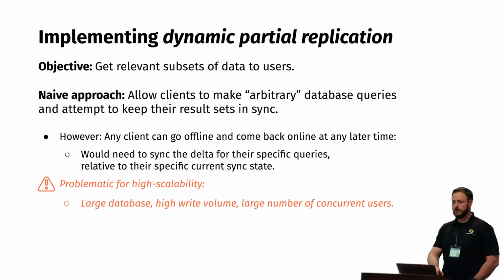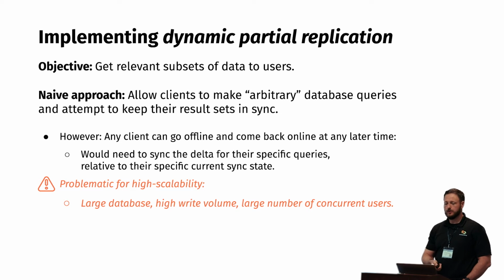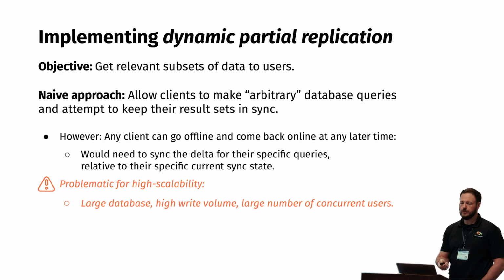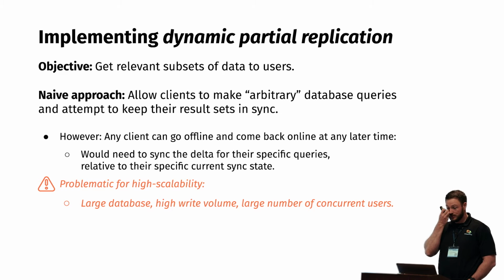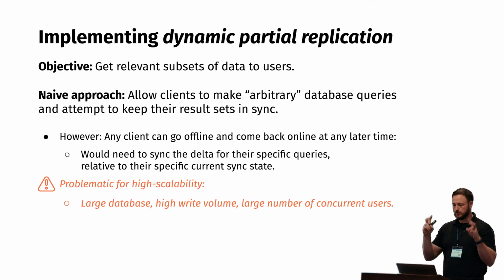So zooming in a bit on the read path, dynamic partial replication. Of course the objective there is to get a relevant subset of the data to users. If you first start thinking about it, a naive approach might be to allow the clients to make arbitrary database queries, maybe within some sort of permission policy framework, and attempt to keep their result sets in sync.